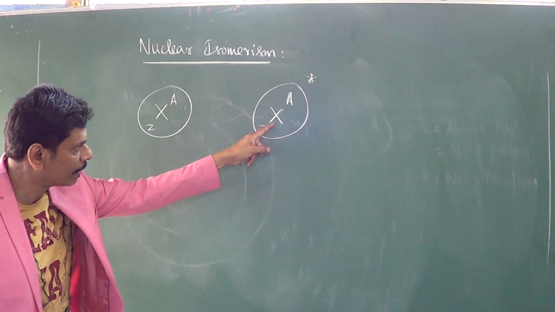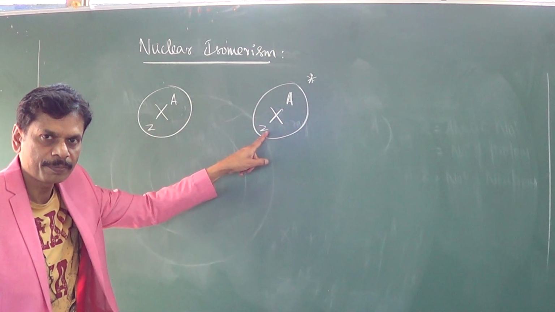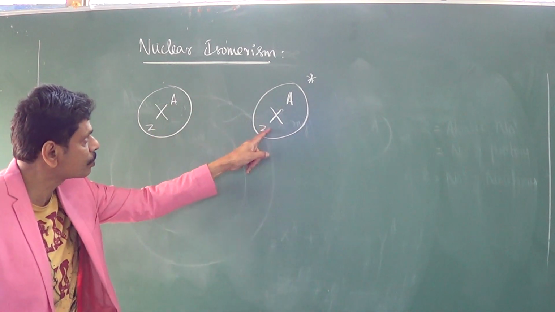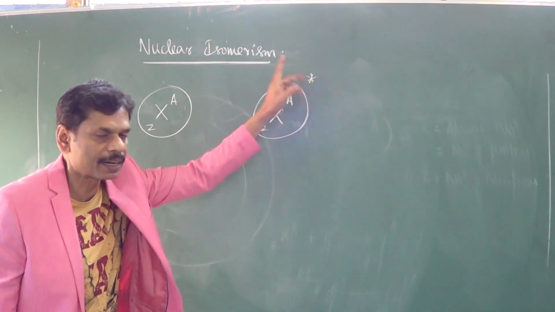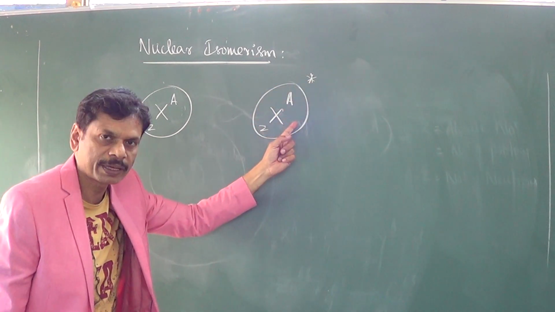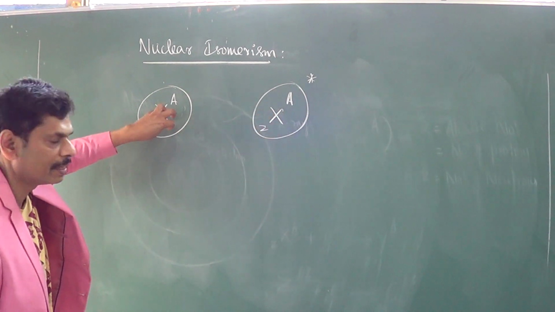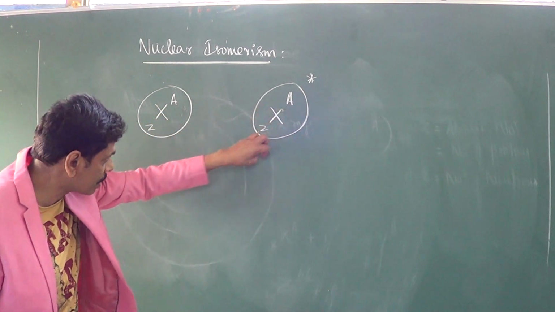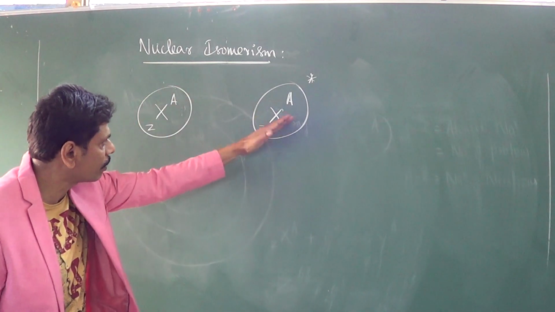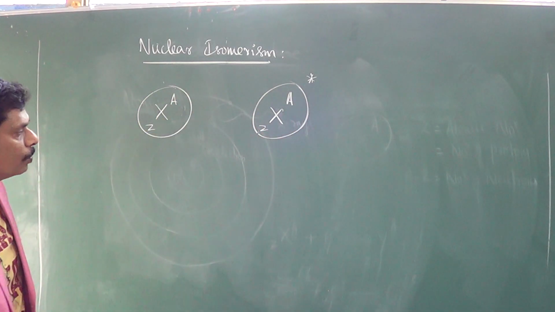Both are similar nuclei. Mass numbers are the same, atomic numbers are the same. Only the difference between these two nuclei is this internal energy. Due to this extra internal energy possessed by this nucleus, there is a slight difference in their internal structure. Now, these two are called by the name the nuclear isomers.